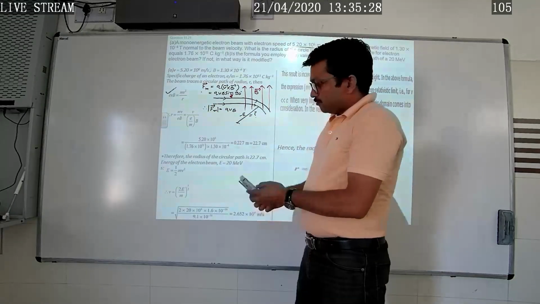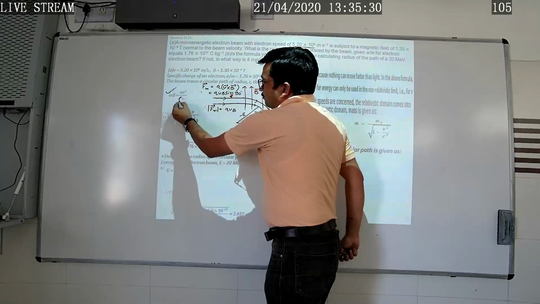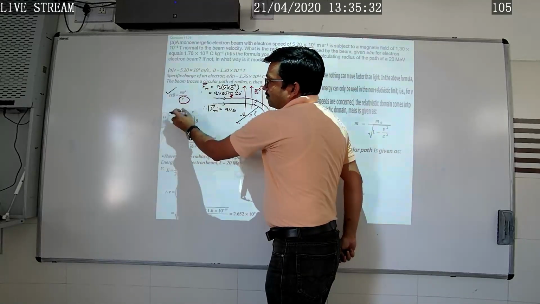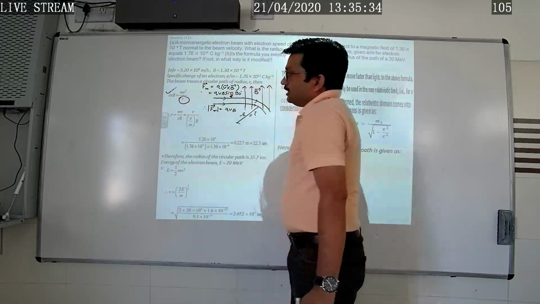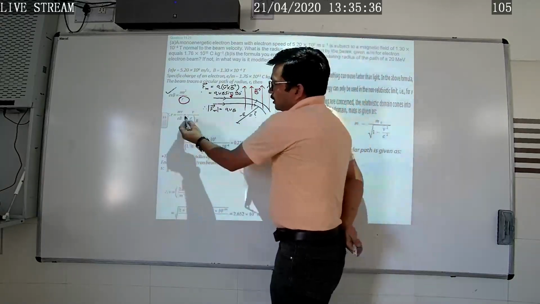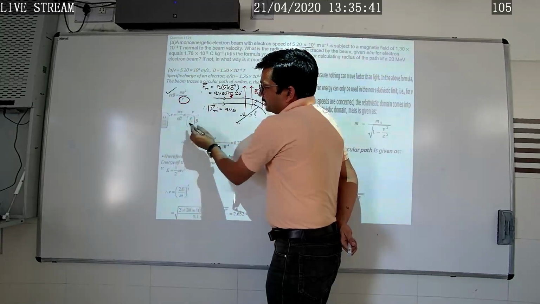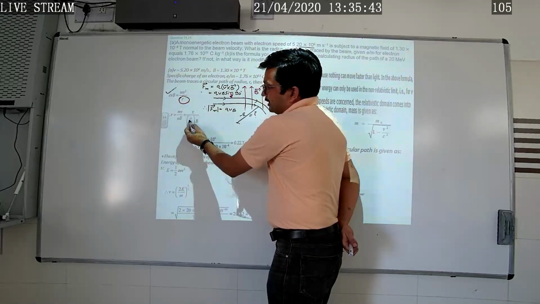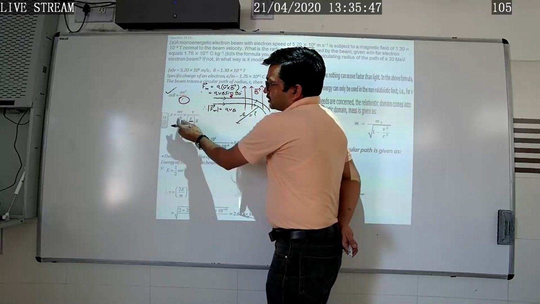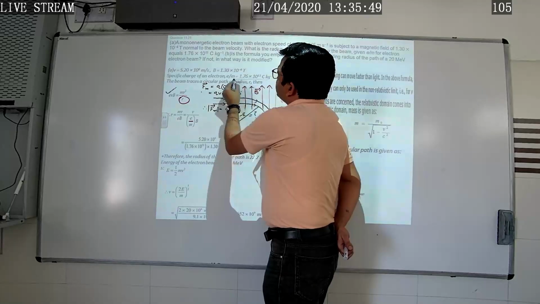We want to calculate this r. So r will become equal to mv over eB. Now rearranging, I can write this as v over (e by m) into B. Why? Because the e by m ratio is given to us.